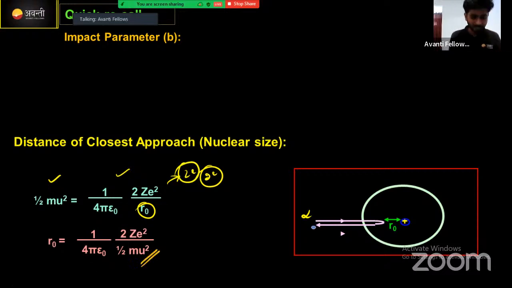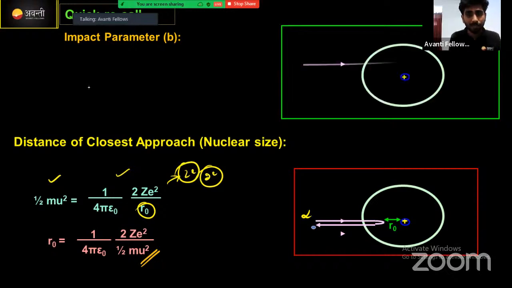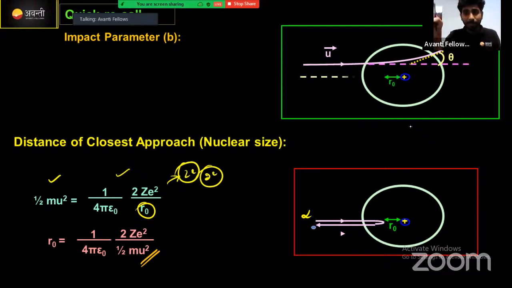Correct. Next, we discussed the impact parameter. What is the impact parameter? Look, this is the nucleus. Suppose this is the first trajectory of the alpha particle, and this is the angle created by the first trajectory. Now, if the alpha particle approaches the nucleus at the exact midpoint, it will follow this trajectory, no?